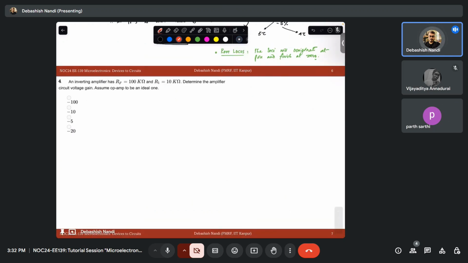An inverting amplifier has Rf equal to this and R1 equal to this. Determine the amplifier circuit voltage gain.